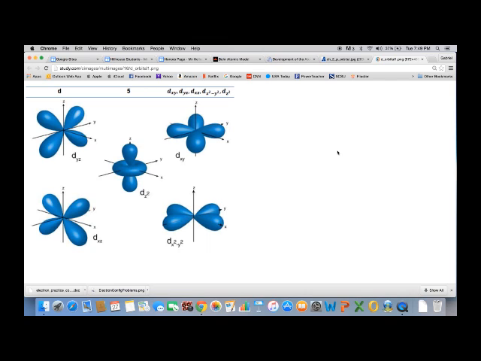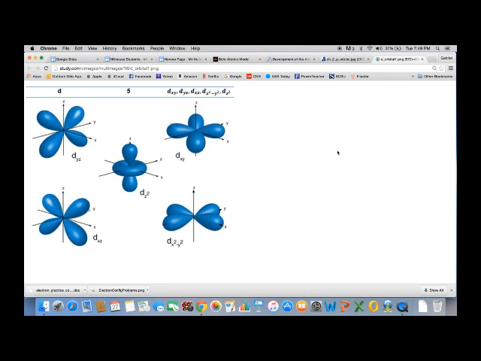So the dyz falls between the y and z axes, so you can see it's perpendicular to the x. The dxy is in between the x and y axes, again perpendicular to the z, and the same thing with the dxz, which is along the xz axes. The dz squared is right on the z axis, but also has this tubular thing around it.